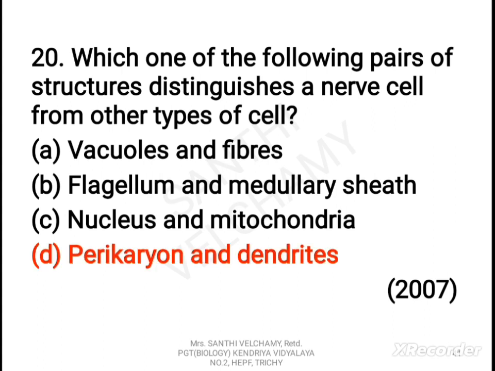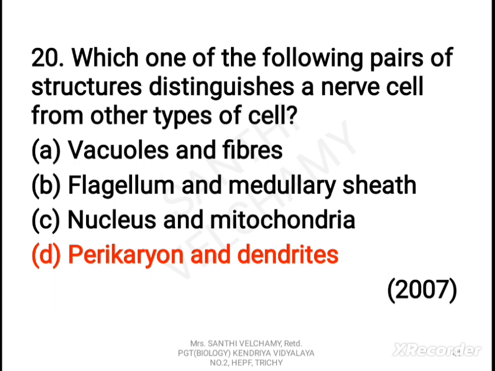Perikaryon and dendrites. So the neuron or nerve cell is one of the basic units of the nervous system. That is the functional unit of the nervous system. A neuron is a cell specialized to transmit electrical nerve impulses. So they carry information from one part of the body to another.